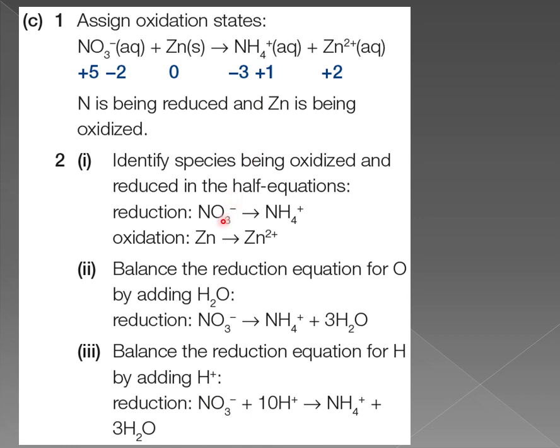So in the reduction equation, nitrate negative 1 gives ammonium plus 1. So we have 3 oxygen that need to be released as 3 molecules of water, and now we have 6 hydrogen and the 4 hydrogen, so it's 10 hydrogen. We need to add it to the product as 10 H plus.